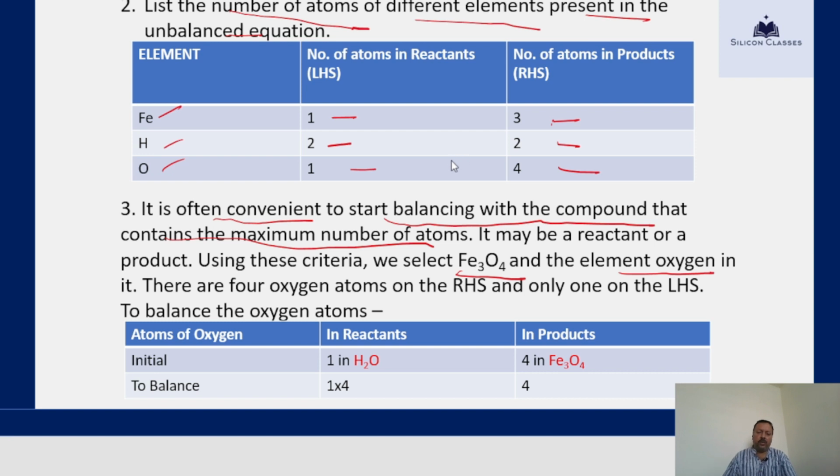Initially, oxygen is present in water on the reactant side, that is 1, and on the product side in Fe3O4, that is 4. So to balance the oxygen atoms in reactant and product, we should multiply by 4 in the reactant so that the oxygen atoms become 4 on the reactant side, equal to the product side as in Fe3O4. So we should multiply water by 4.